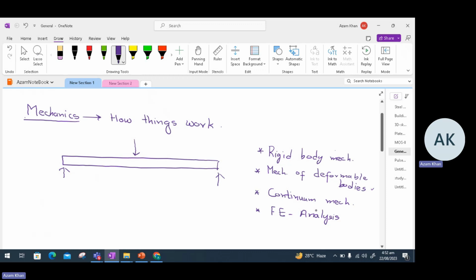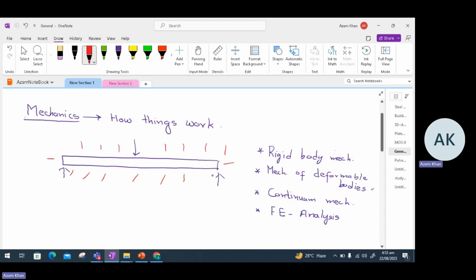In other words, analyzing what the reactions are, what the moments and shears are, what the deflection is, the rotations and that sort of stuff. So it is mainly related to something which is external.